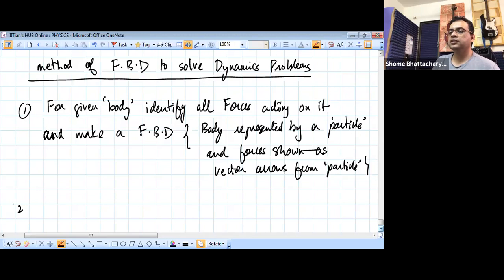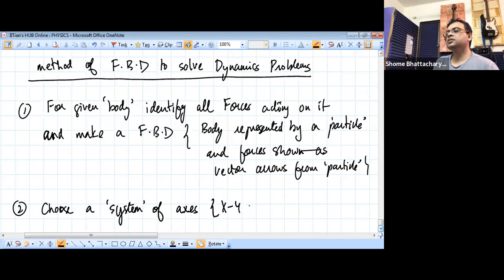Okay. Then second step in this becomes choose a system of axes, that is XY axis, and resolve forces accordingly.